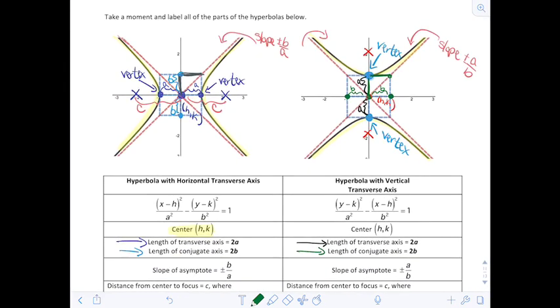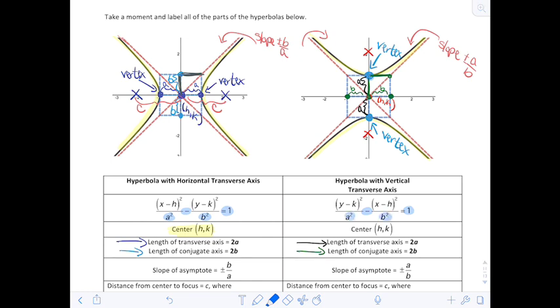Okay, now one thing we want to notice, how do you know when it's a horizontal hyperbola and when it's a vertical hyperbola? So we want to look at the equations. Notice, like an ellipse, they're both equal to 1. But now these are both subtraction. With a hyperbola, you have subtraction instead of addition. And then notice that the denominator in both of them is a squared first and then b squared.